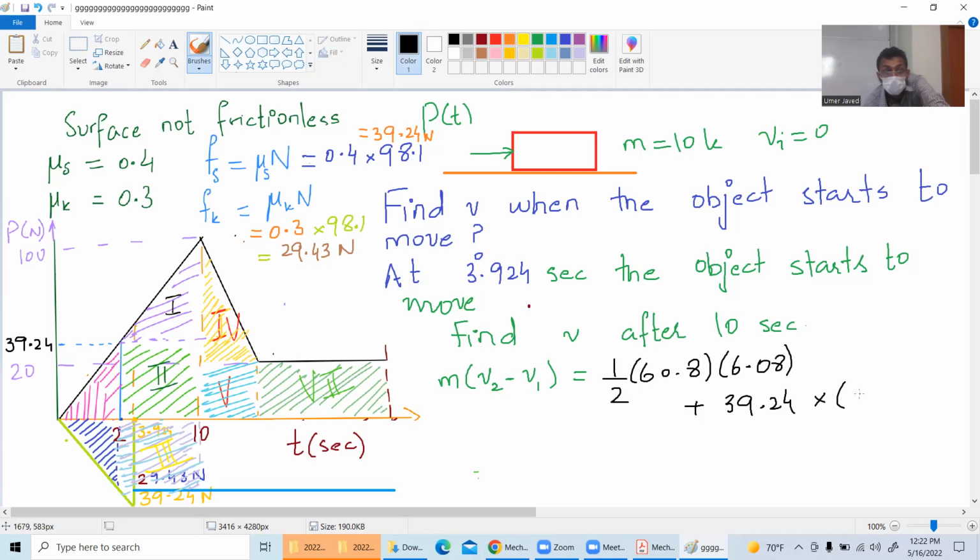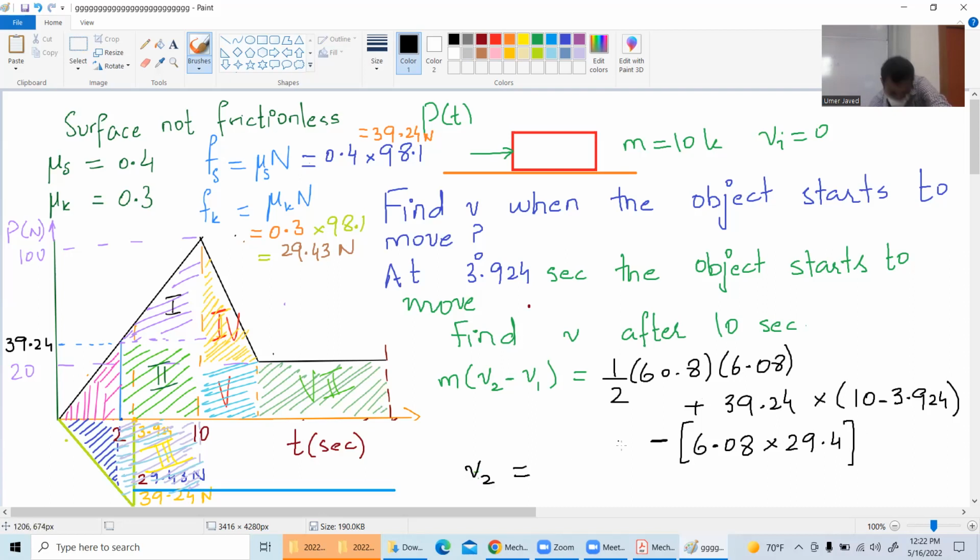Students who don't like this, I will repeat for them. 10 minus 3.924, then minus the triangle that is below, which is 6.08, into 29.4 plus, okay, this is v2 minus v1.